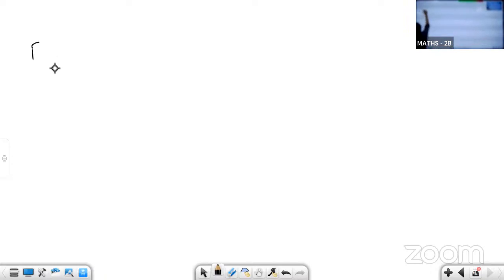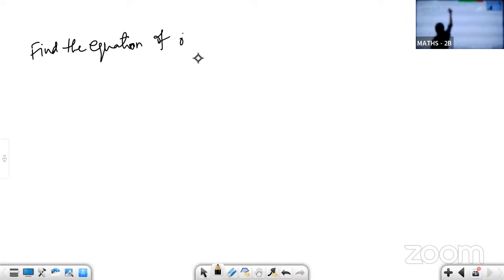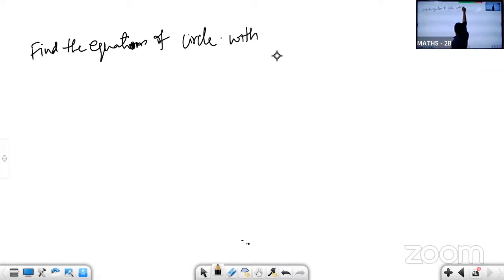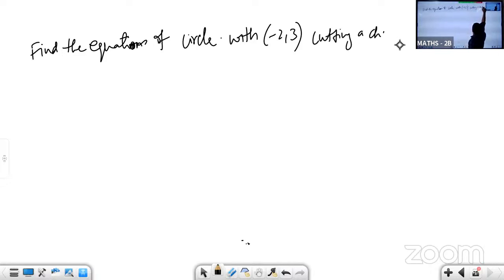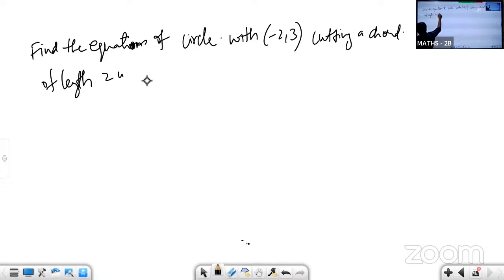Find the equation of the circle with center, see, center is given, minus 2 comma 3, and cutting a chord of length 2 units on 3x plus 4y plus 4 equal to 0.